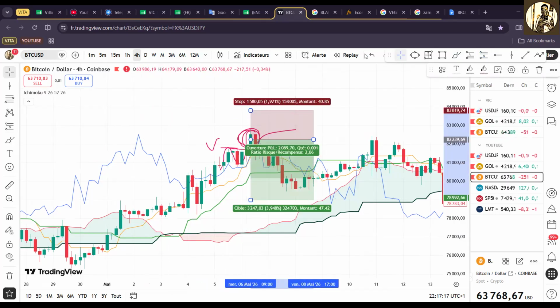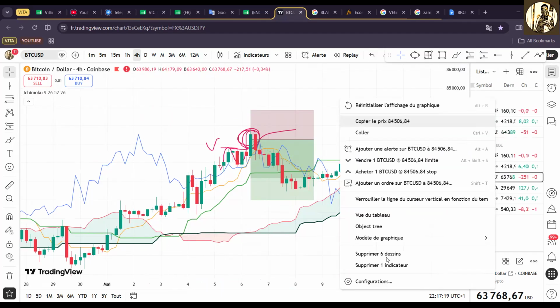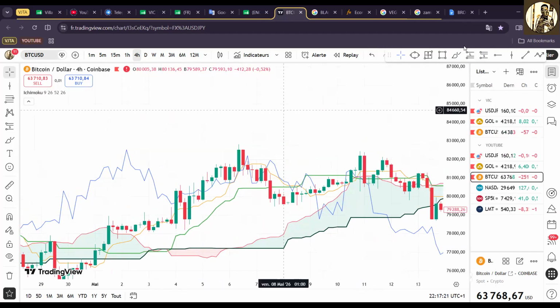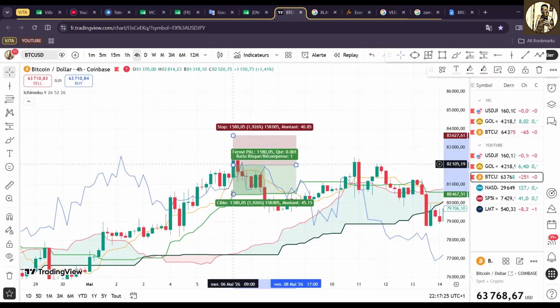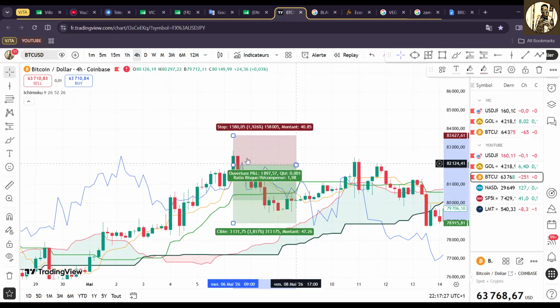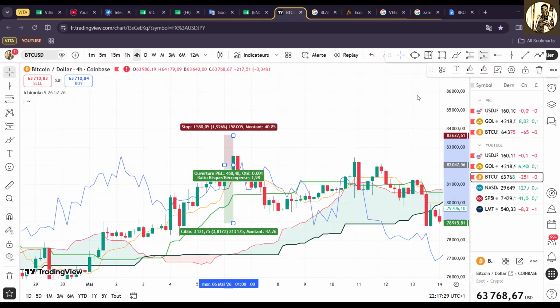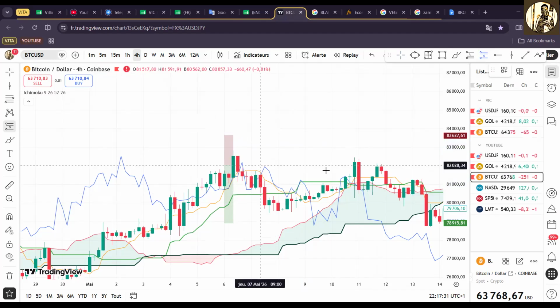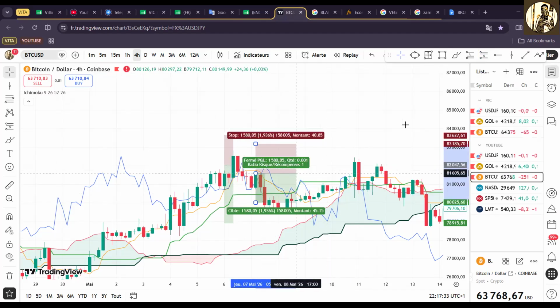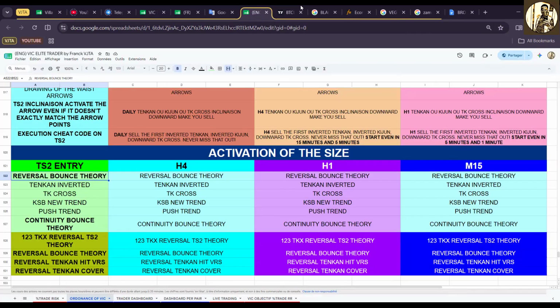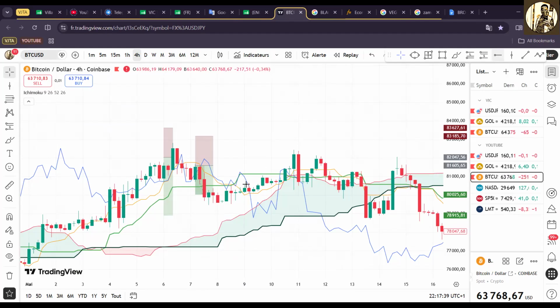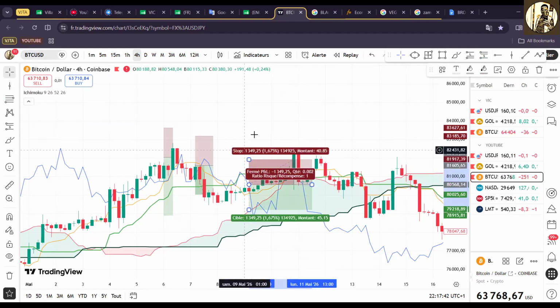Okay. So now what happened also is that, apart from this bounce theory, reversal bounce theory that marks your first sell, you also have the Tenkan inverted at this level, to the downside. Then you also have a TK cross to activate the node, right?